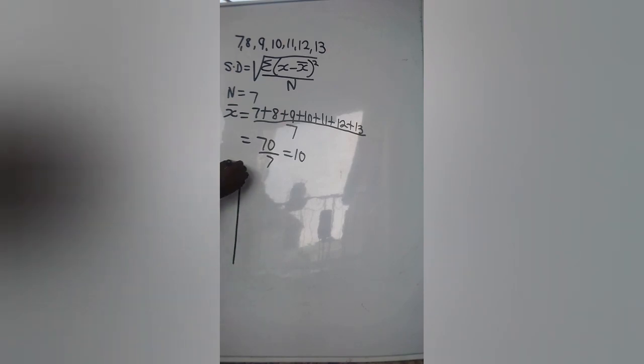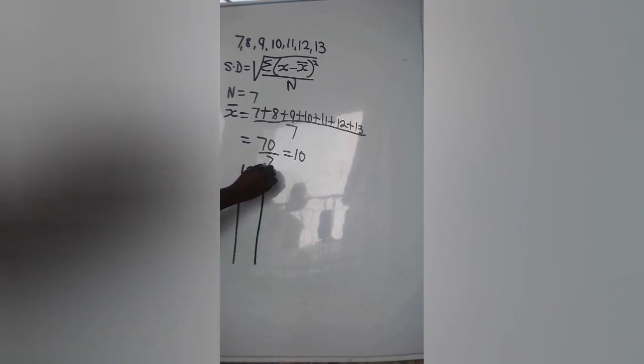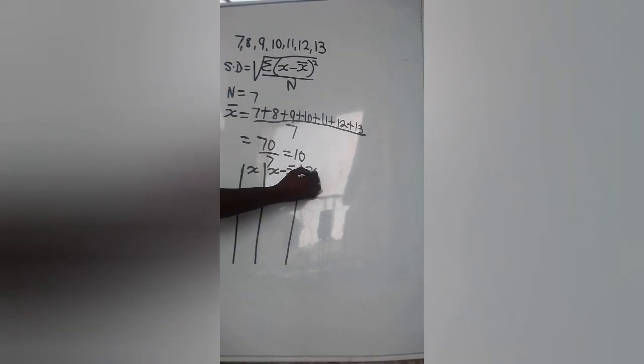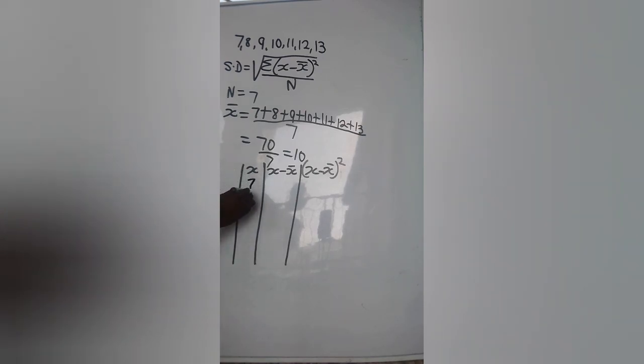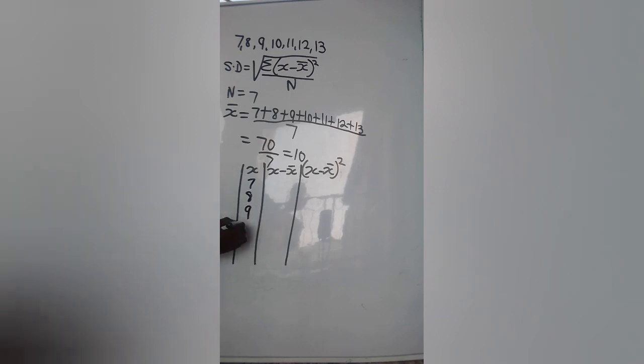So this is x. The next column will be x minus x bar, and the next column will be x minus x bar squared. So write down all the numbers for x: 7, 8, 9, 10, 11, 12, and 13.